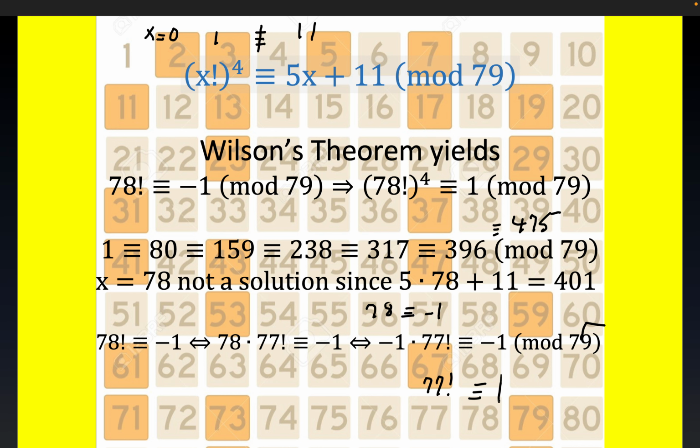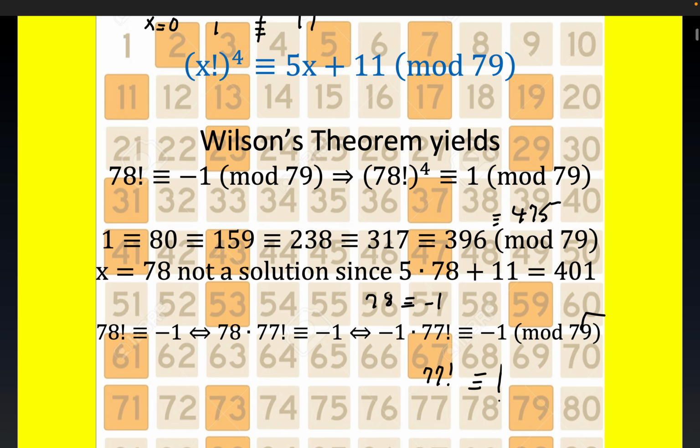Now let's take a look at what happens. We know that 77 factorial is congruent to 1. So that means we know that 77 factorial, quantity to the 4th. Now, let's check. And I should be writing this sort of with a question mark, okay?